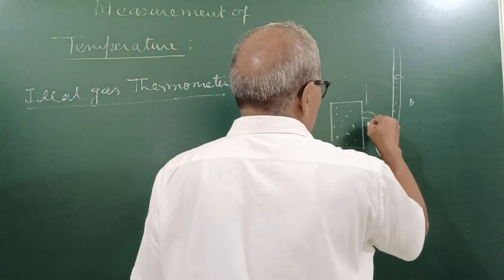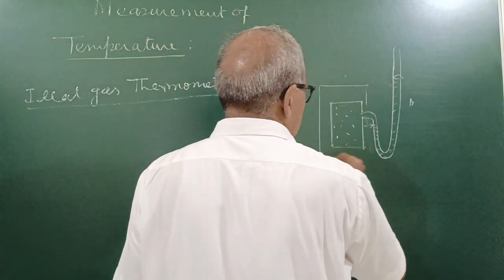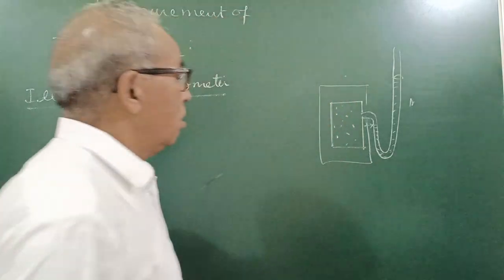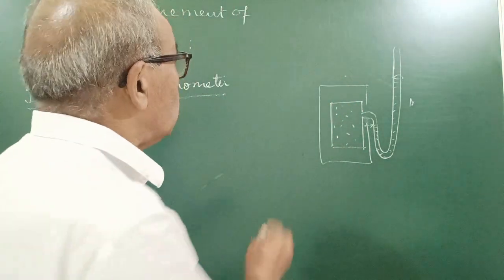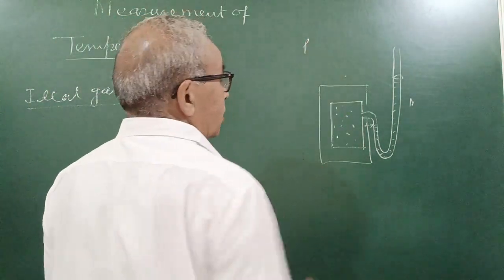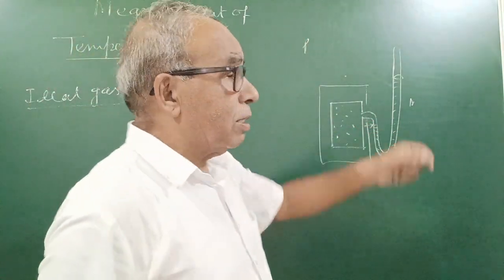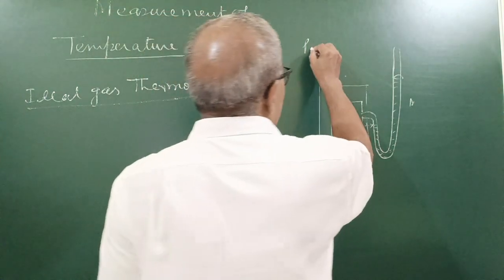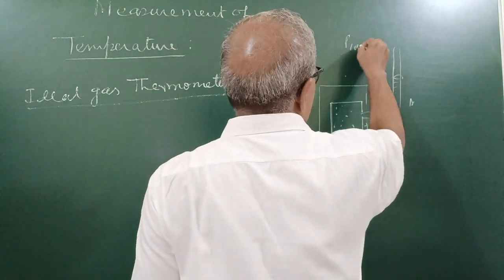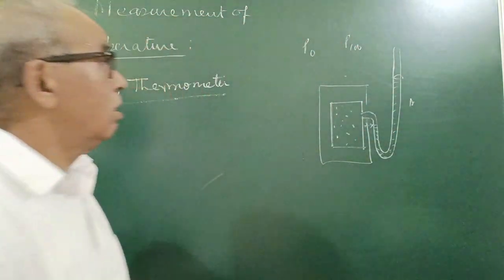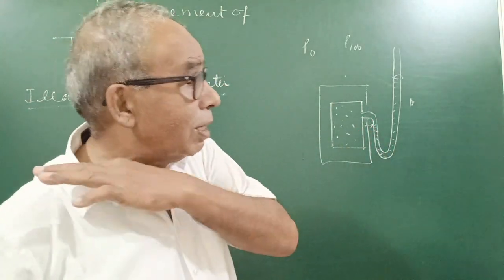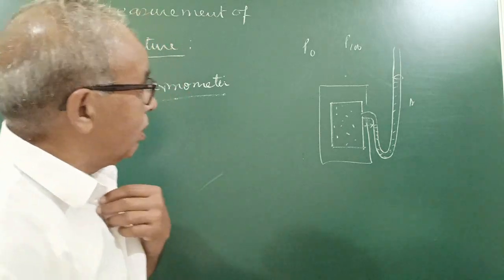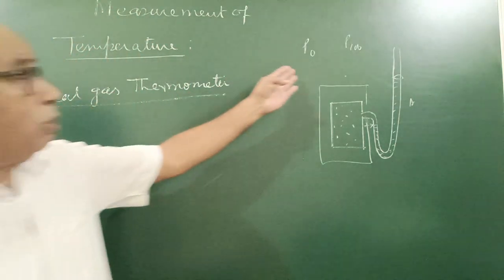So first of all we place this container at the melting point of ice and measure P0. Then we measure the pressure at the boiling point of water, P100. Actually, we do not always need to measure P0 and P100.